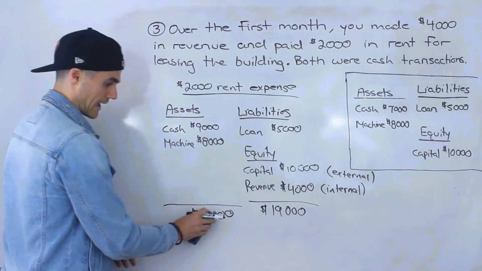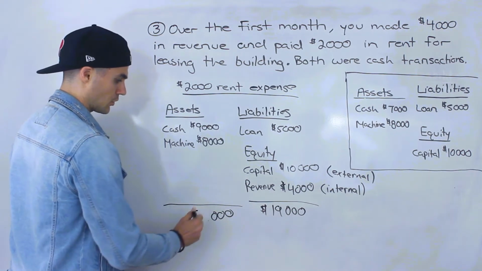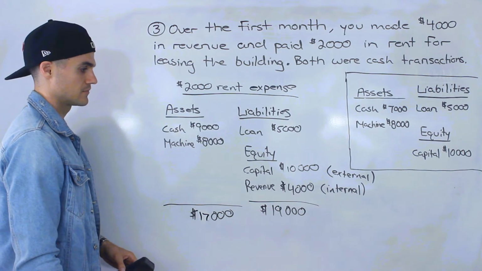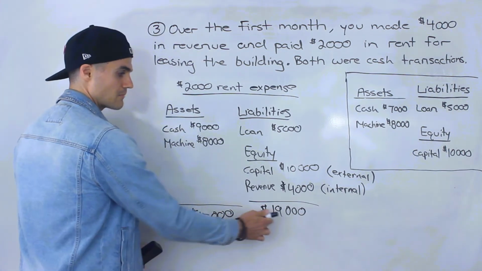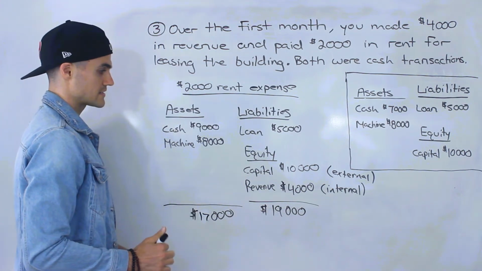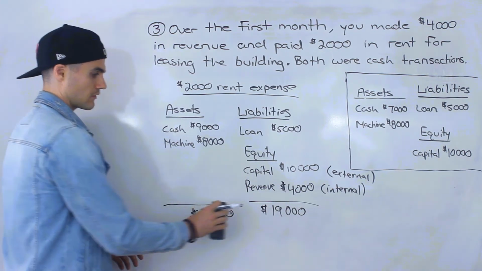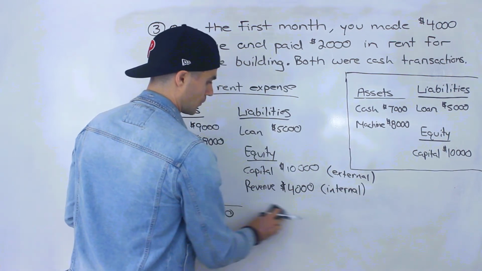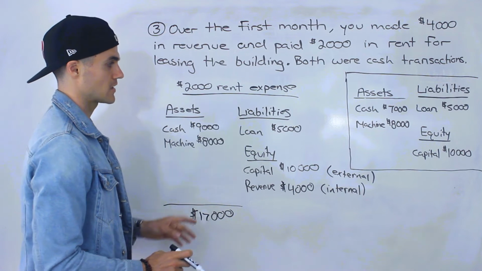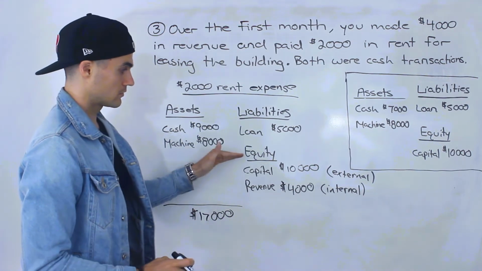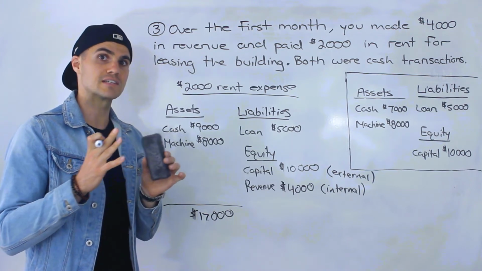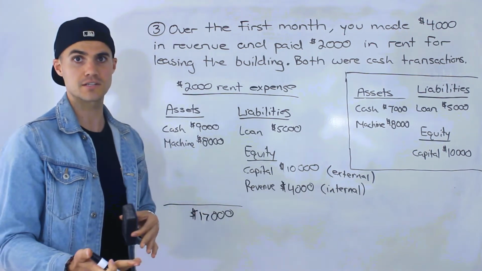And now notice what happens. The total on this left side is 17,000. And so notice that these aren't balancing, so we're going to have to do something on the right side as well. So what's going to be affected on this right side? Well, if you remember, I mentioned equity holders, they receive a portion of the business gains and losses.